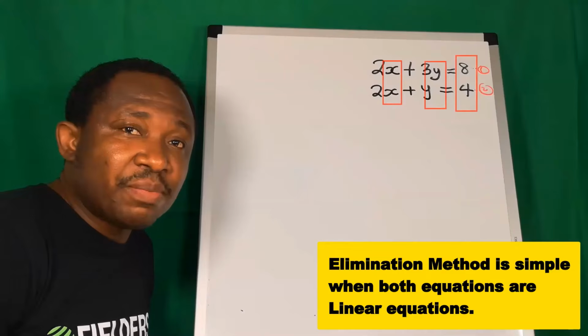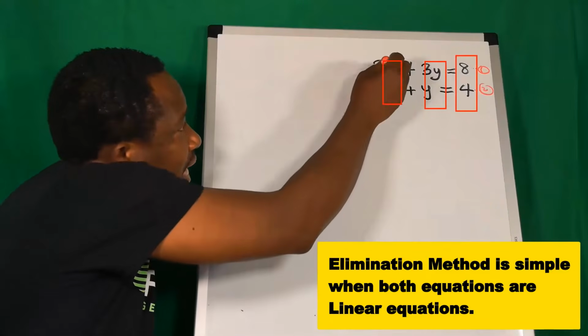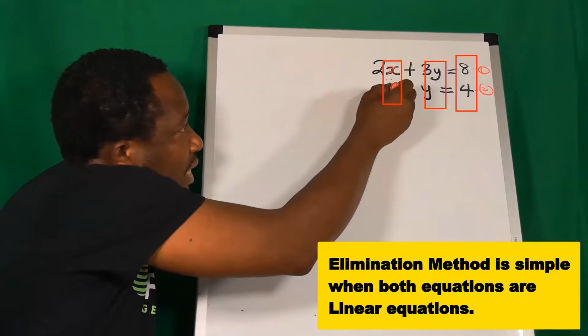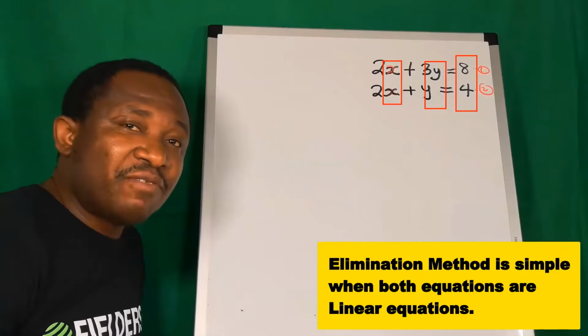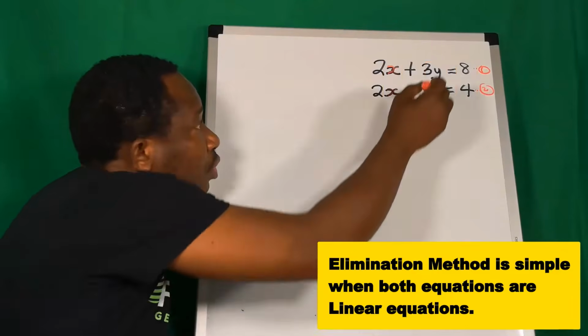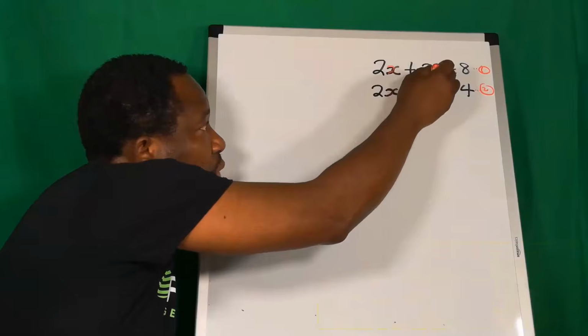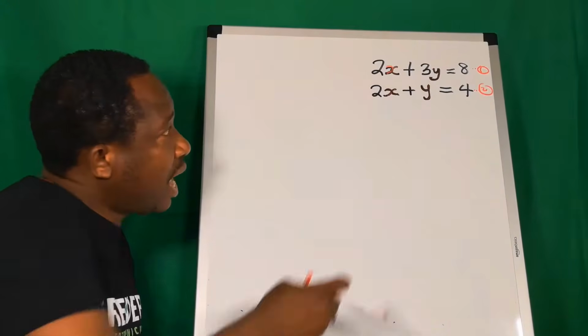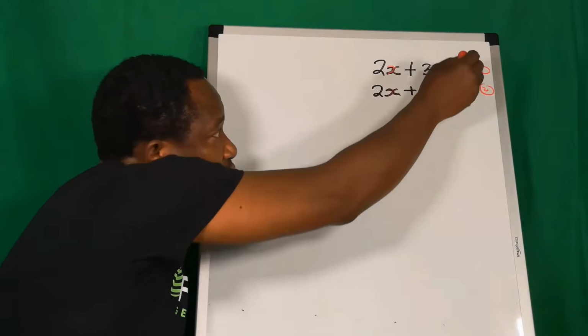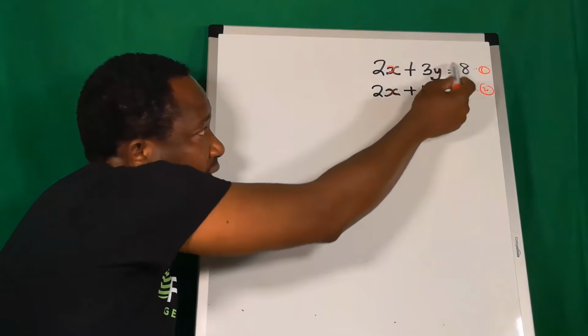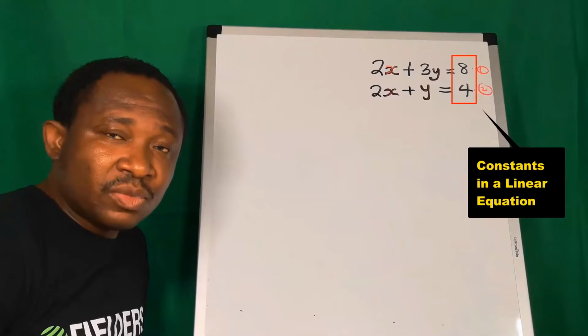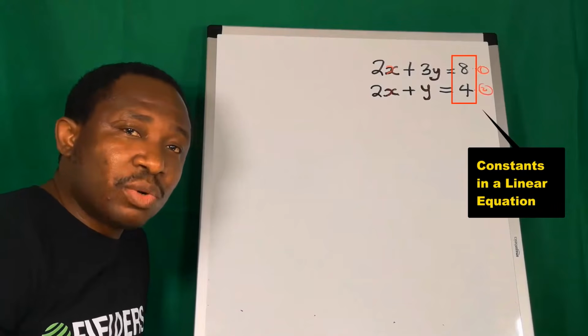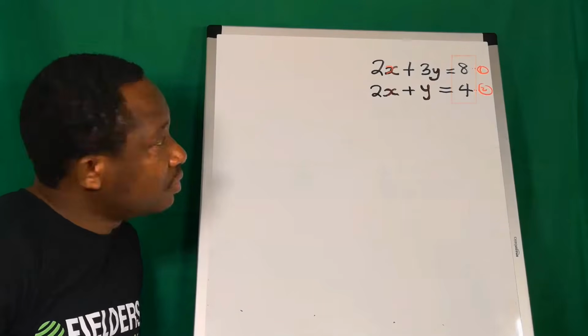The first step is to ensure that the x for equation 1 and the x for equation 2 are vertically aligned. Also, ensure that the y in equation 1 and the y in equation 2 are also vertically aligned, with the constants on the other side of the equal sign. The constants are the numbers without x or y.